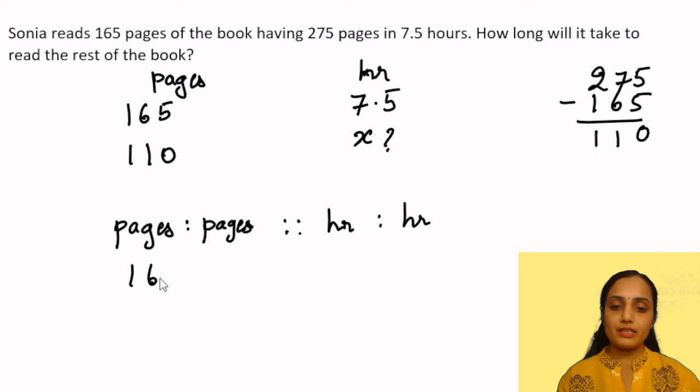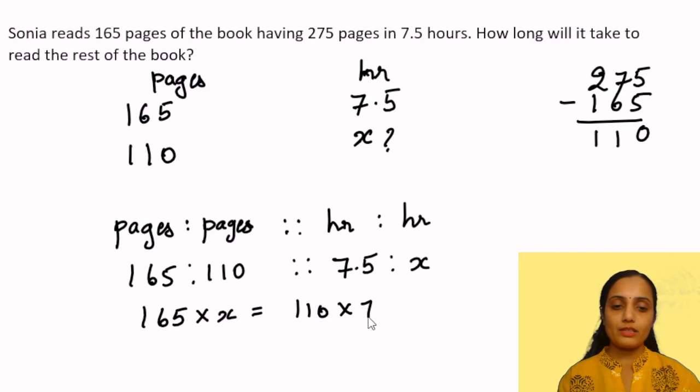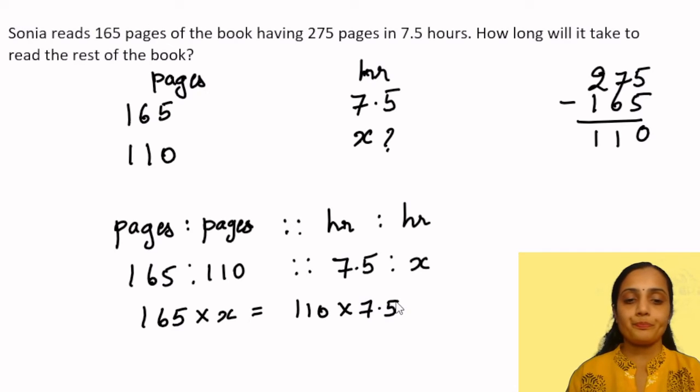So we have 165 pages is to 110 pages is proportional to 7.5 is to x. Now again we know that product of means is equal to product of extremes. So we write 165 into x is equal to 110 into 7.5.